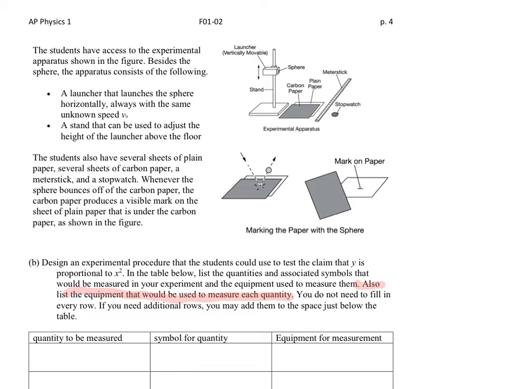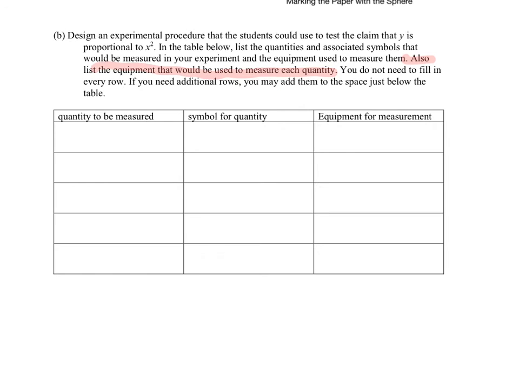So let's think about how we're going to measure where this thing is. Since we are trying to test the claim that y is proportional to x squared, clearly we need to measure the height y.